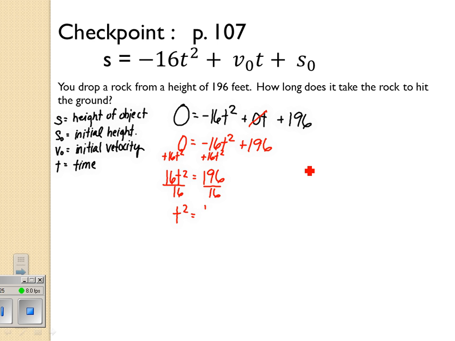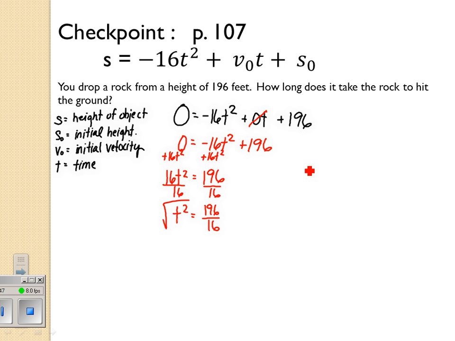So here we are at extracting the squares. To get t from t squared, we are going to square root it. To keep our equation balanced, we also have to take the roots of the other side. Now, normally, we're going to write this as plus or minus the square root of 196 over 16.